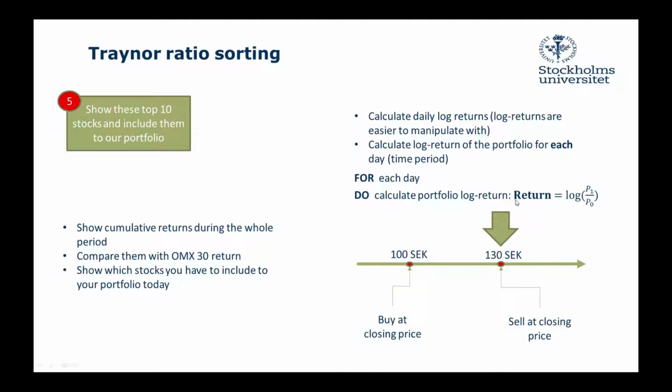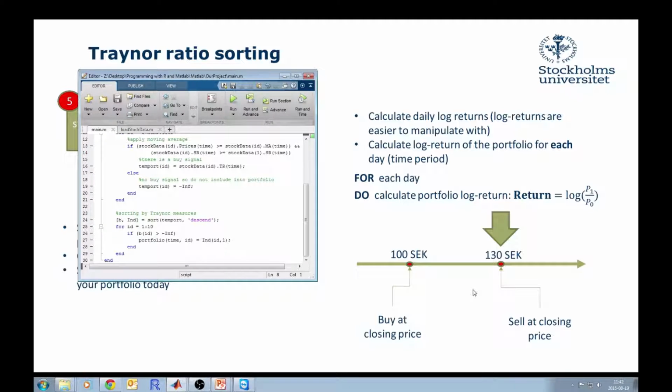Actually, we're not only having returns from the previous time period here, but also we're forming a new portfolio which is going to be used to calculate the returns in the next periods. This is quite important because we're going to use it in our coding. So let's go to our code.